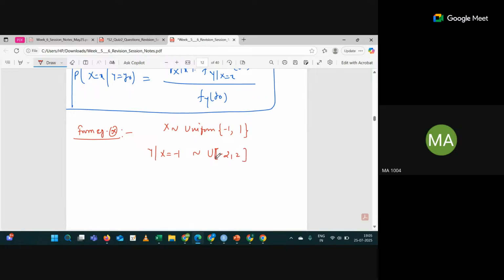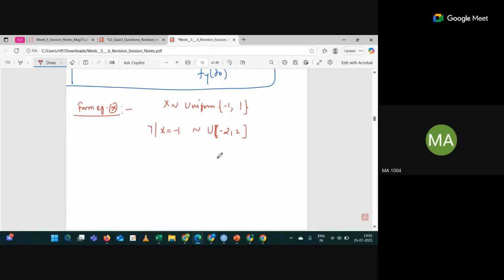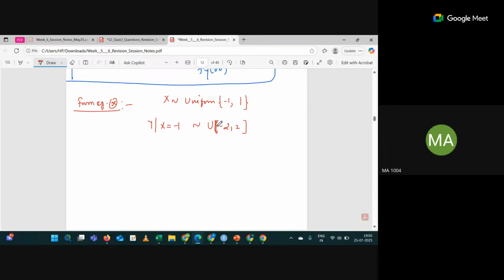You can identify this: if square bracket is given, say continuous, and if curly bracket is there, then it's discrete only. Y given X equal to, and sometimes continuous we denote like this with an open bracket. Also, these two both are treated as same, and this is exponential 5, right?